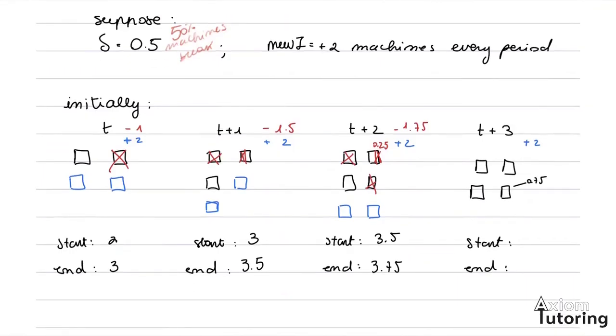We have to delete half of it. So we're going to take half of 3.75, which is 1.875. But again, remember, we are also adding 2.